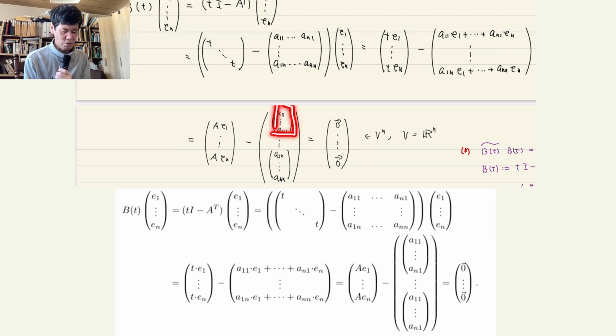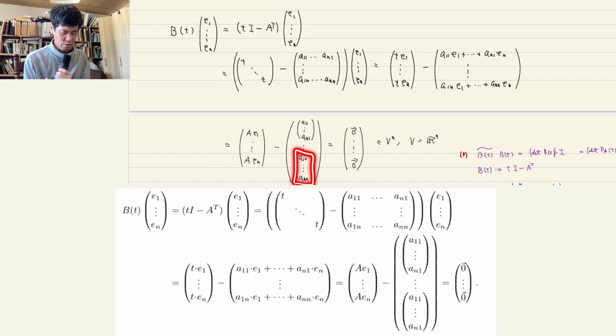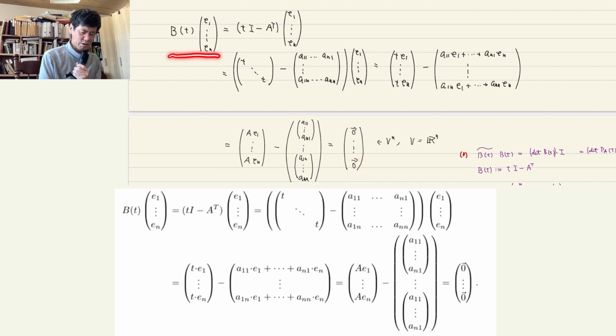This is equal to the first column vector of A, which is a1. So the first element is equal to the 0 vector, and so on, and the last column vector of A is an. So the last element is equal to 0, which means that B(t) times (e1, ..., en) is equal to 0.